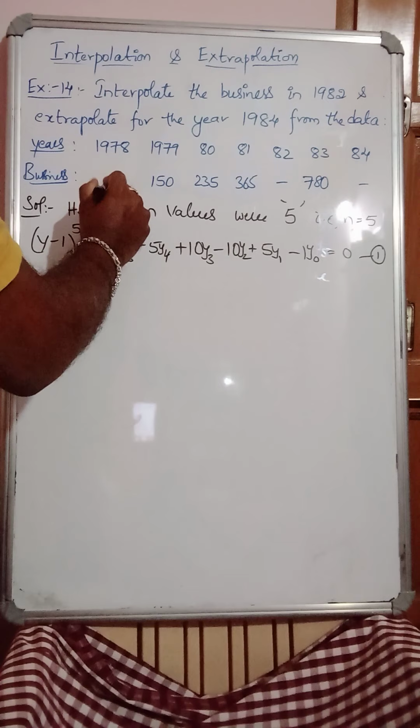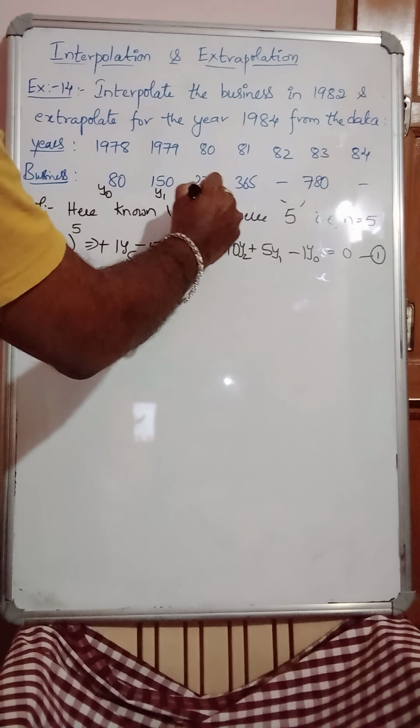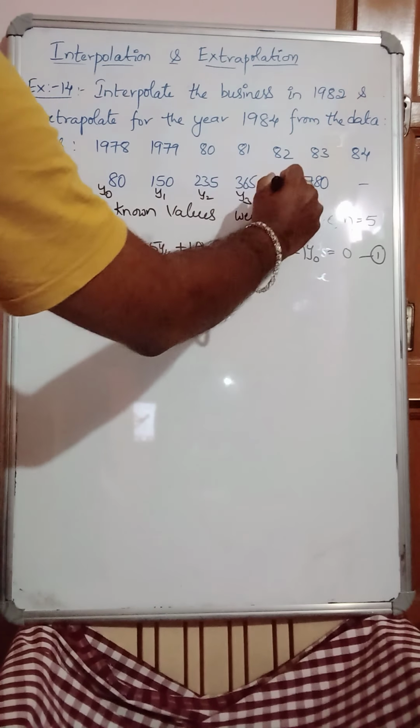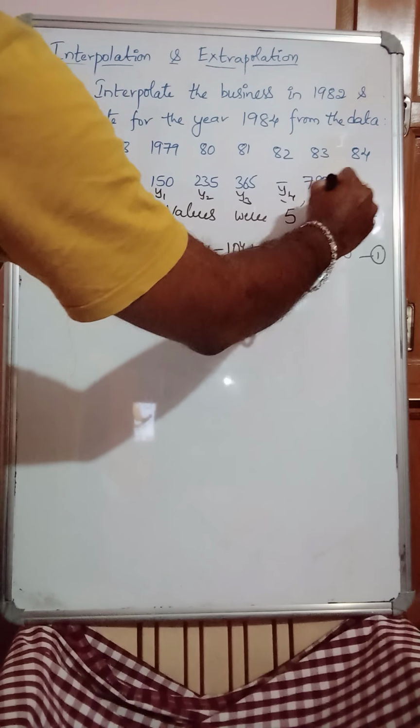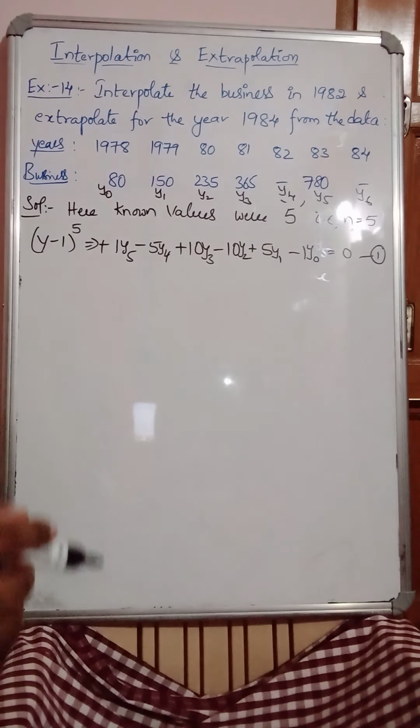Now here make entries. This is y0, this is y1, y2, y3, y4, y5, y6. First and foremost, we need to calculate the interpolating value, which is 82 year.